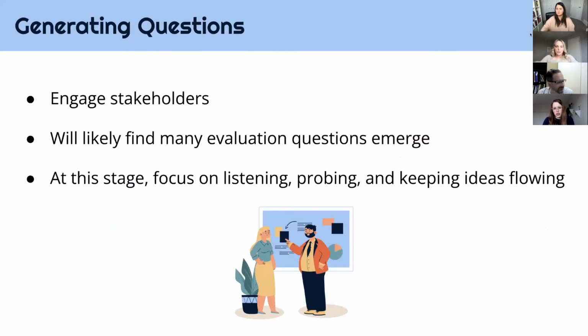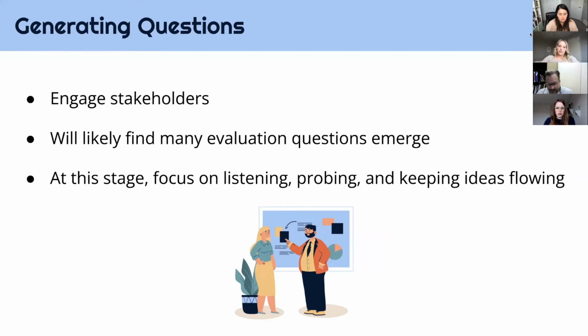When it comes to generating these types of evaluation questions, like I said, you're going to want to engage a variety of stakeholders in the process. Having different stakeholders will allow you to have a whole bunch of different opinions and different points of view to include in your evaluation, and also give you lots of evaluation questions to choose from.